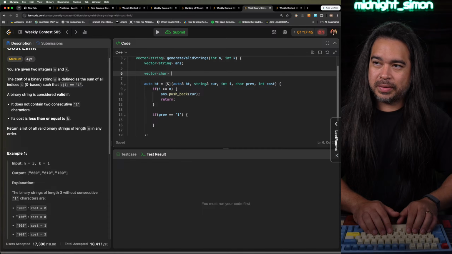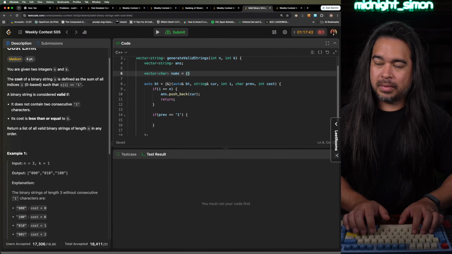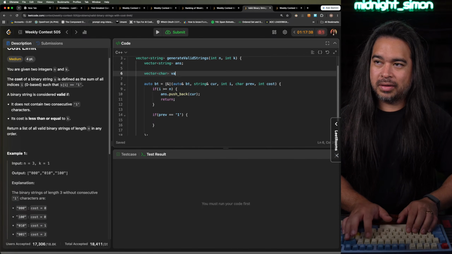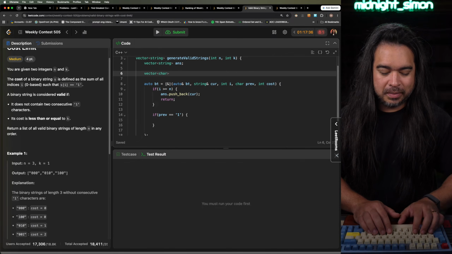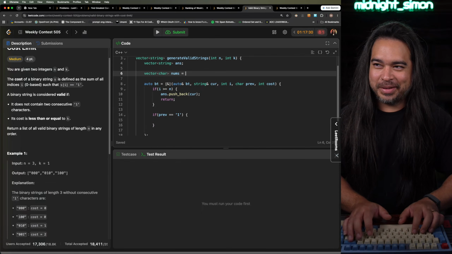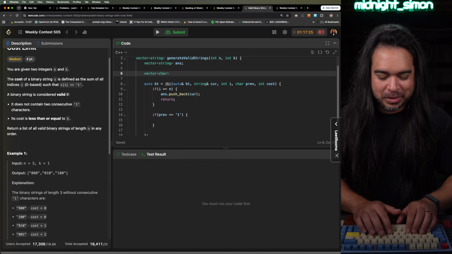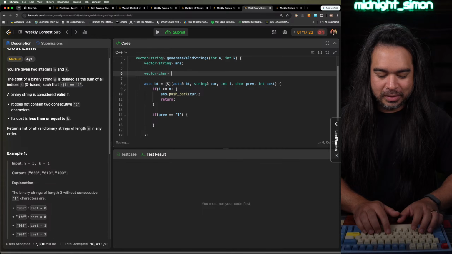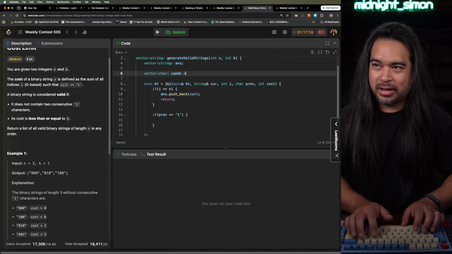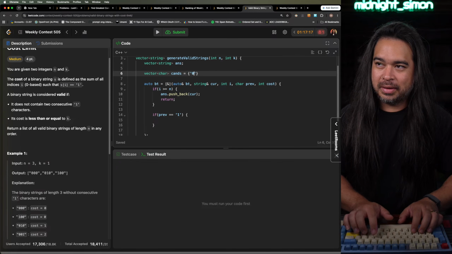What should I call this? Candidates, valids, zeros, ones, nums. I'm gonna just call it nums, man. But it's characters. I'm gonna just call it candidates. It's either a 0 or a 1.